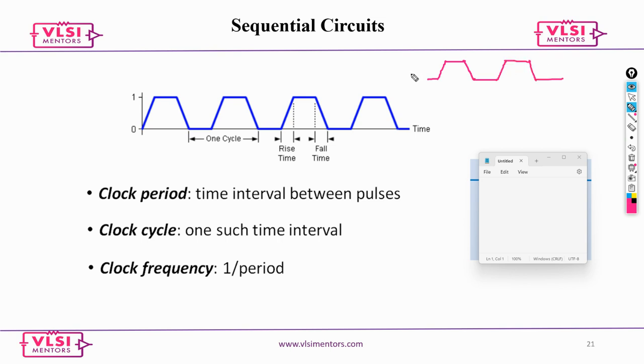Now remember, when you draw a clock, it is always good to draw it like this. I know in your textbooks you may have it like this, and in interviews and so on people usually draw it like this. But remember, that is an ideal scenario which is not going to be true all the time, whereas this is how I usually draw it.